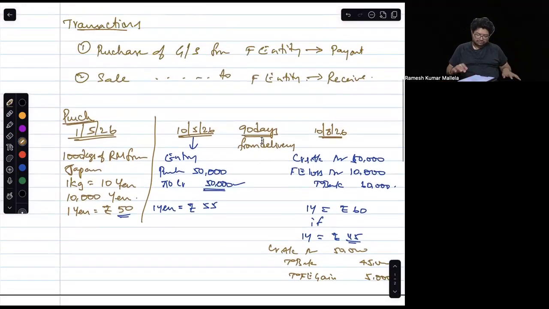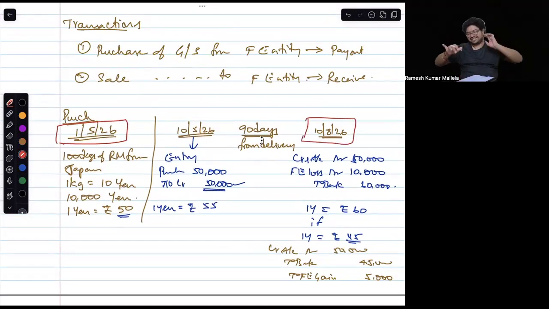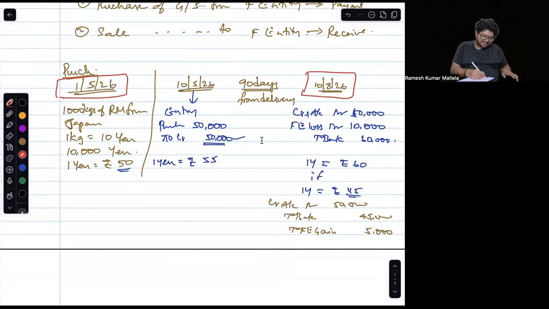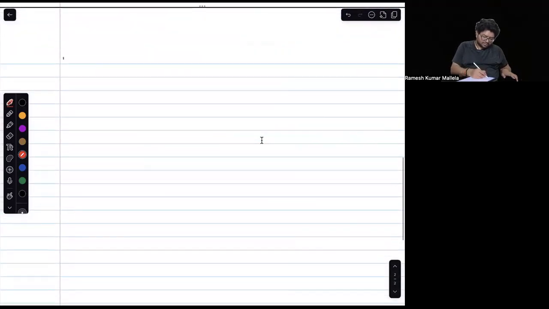Now this is a transaction in which the date of placing the order to the date of settlement happened within a financial year. Okay, what if the same thing happened in 2 different financial years? This is scenario 1. Now purchases scenario 2.